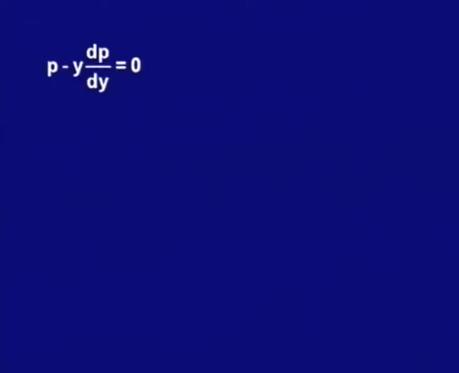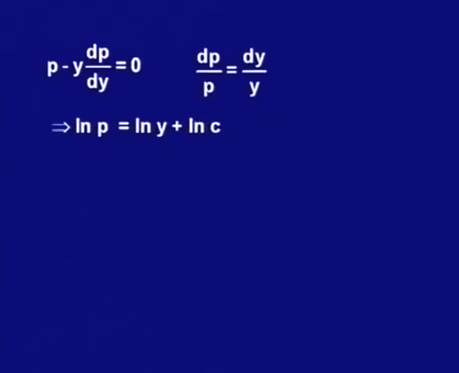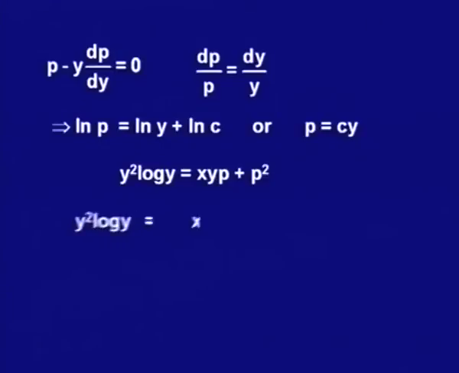How to solve it? We could rewrite it as dp upon p is equal to dy over y, a simple equation. Integrating on both the sides, we get log p is equal to log y plus log c, or p is equal to cy. Now, use this solution in the given equation, that is y square log y is equal to x y p plus p square.